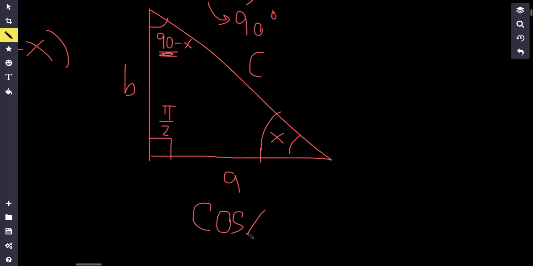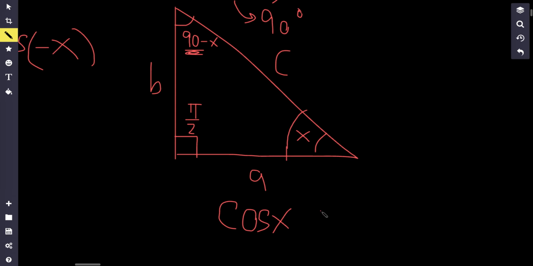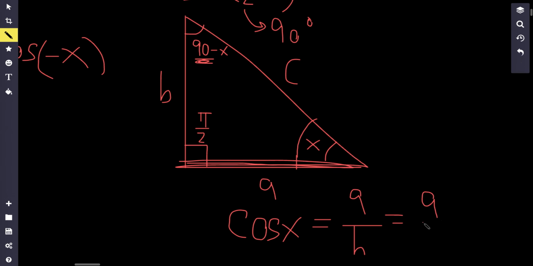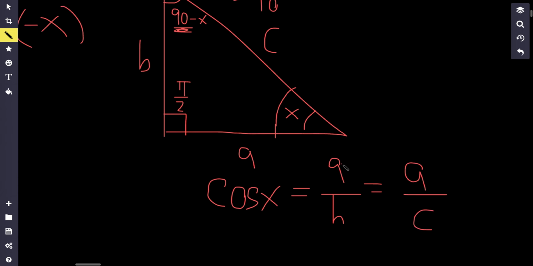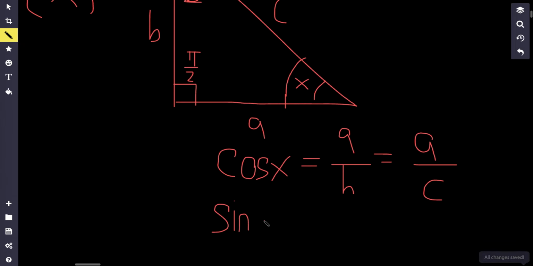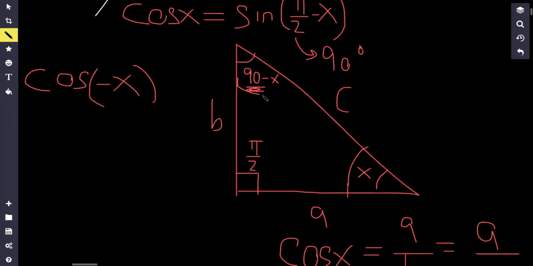Now let's say I want to take cosine of this angle. What am I going to get? Cosine is equal to adjacent over hypotenuse. In this case, our adjacent side is this side labeled A, and our hypotenuse is this side labeled C. So it's going to be A over C. Now what happens if I take sine of 90 minus x, this angle?